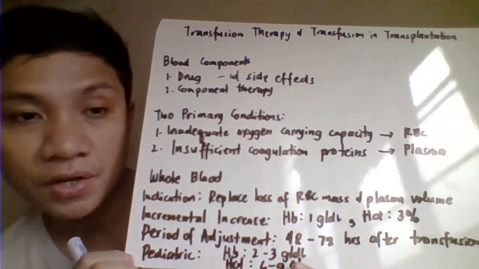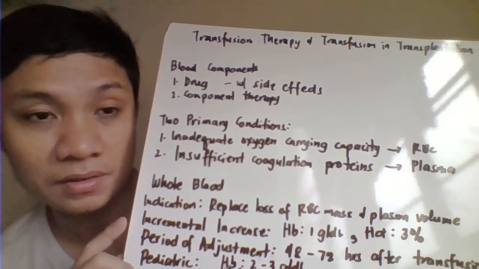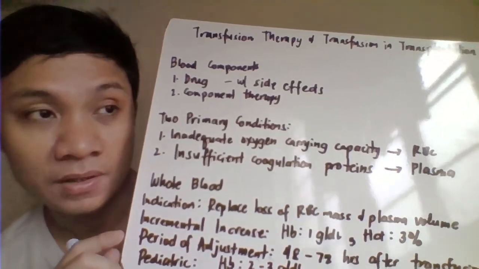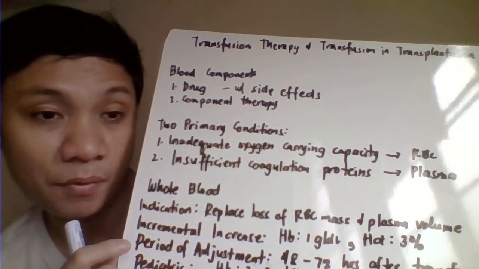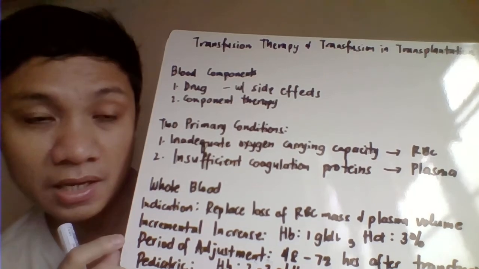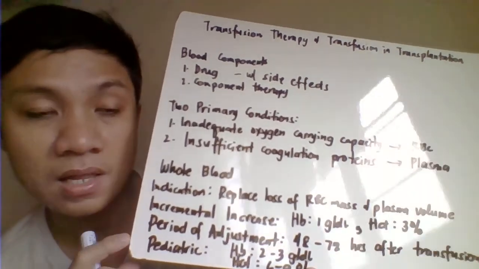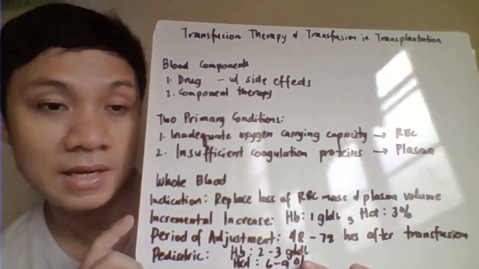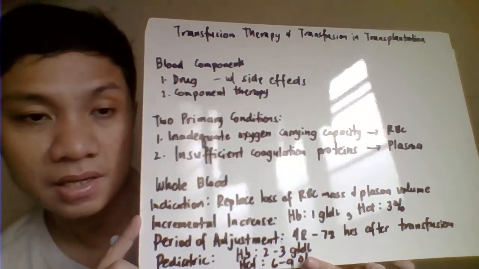But in the case of the RBC aliquot, that's 10 to 25 ml of RBC aliquot blood. That's primarily for the transfusion of the newborn. Each unit of that can increase the hemoglobin by 2 to 3 grams per dL and hematocrit by 6 to 9%. Then we have the expected increase.